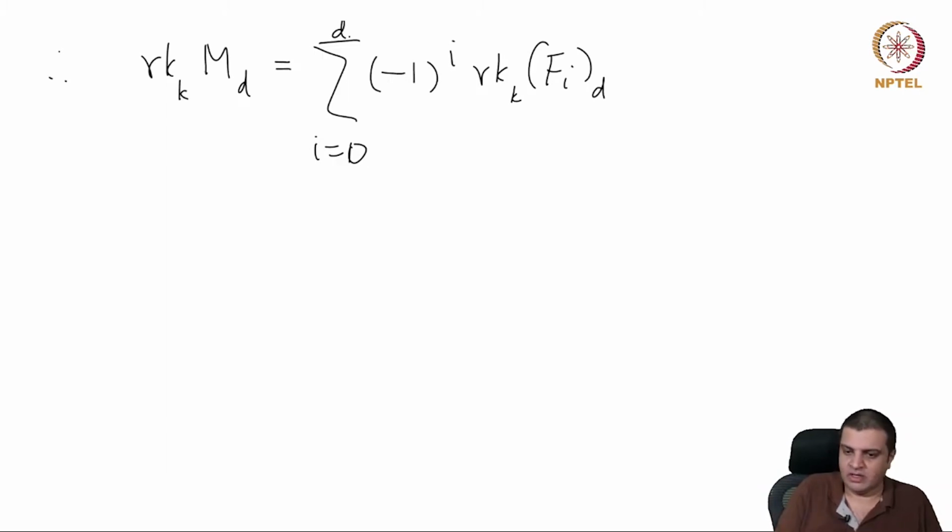In other words, the terms at 0, 2, 4, etc. all get a positive sign. The other ones are subtracted, and this alternating sum gives the rank of M_d. So just write down an exact sequence of vector spaces and convince yourself that such an alternating sum is true.